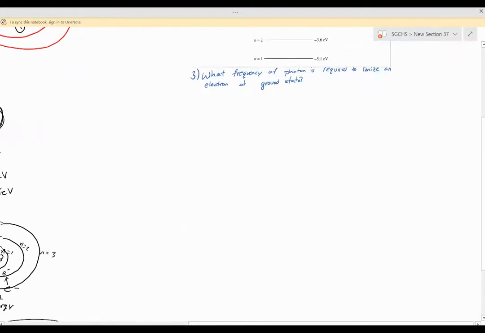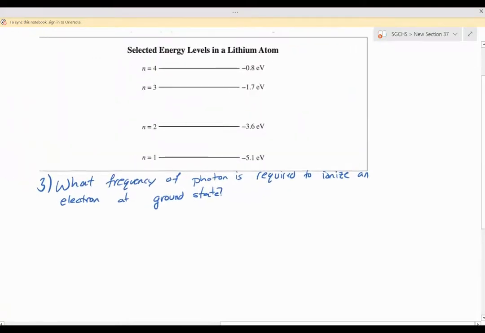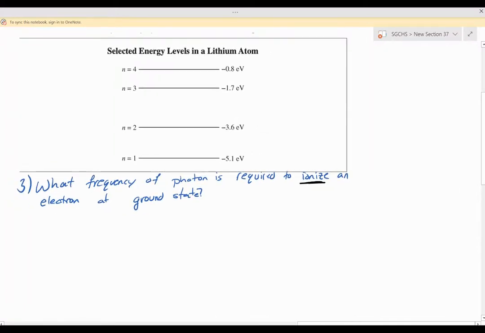Let's do one more question. What frequency of photon is required to ionize an electron at ground state? So probably since Science 10, you understand what ionization means. Ionization means your atom loses an electron.